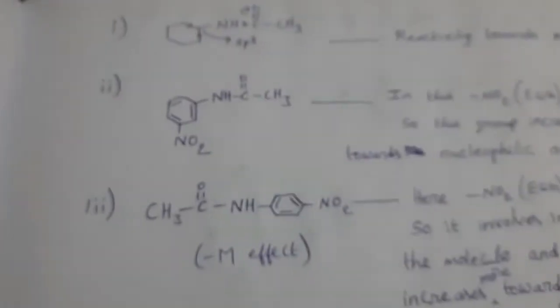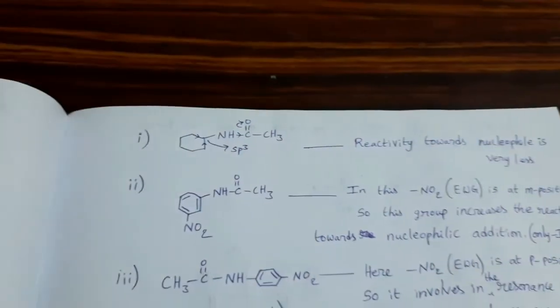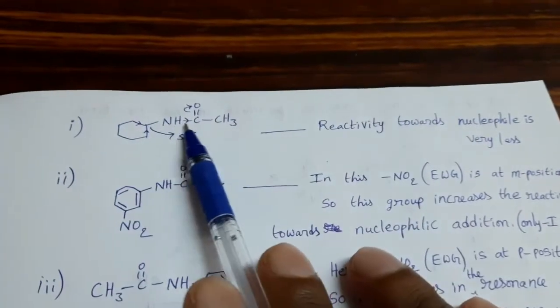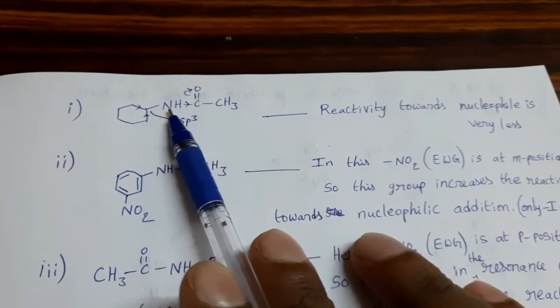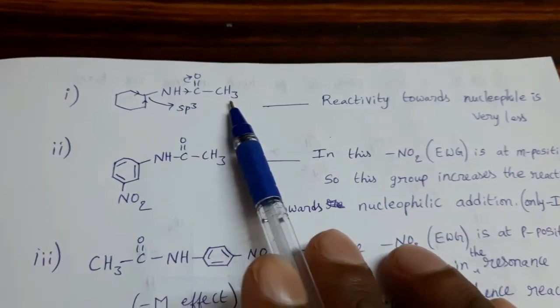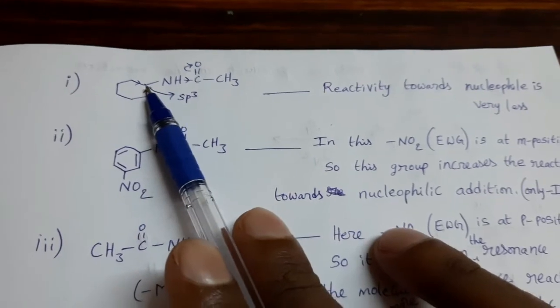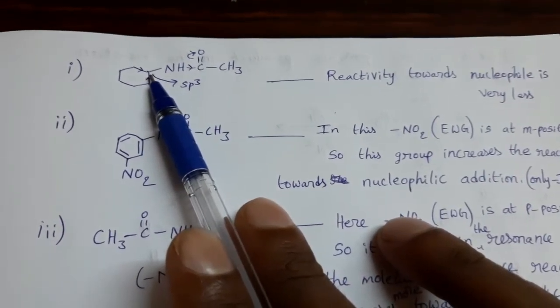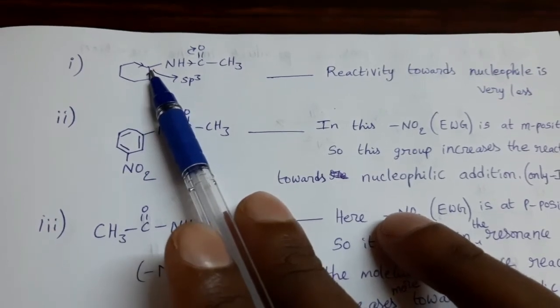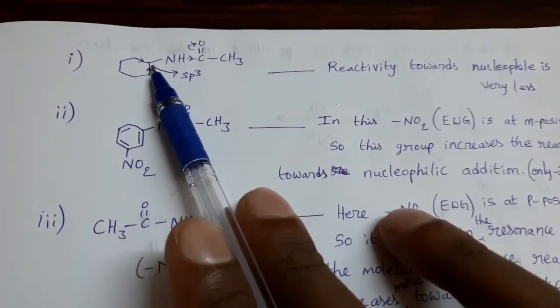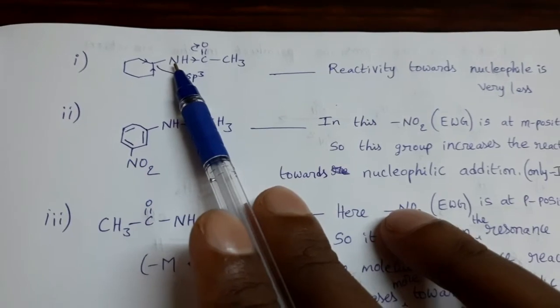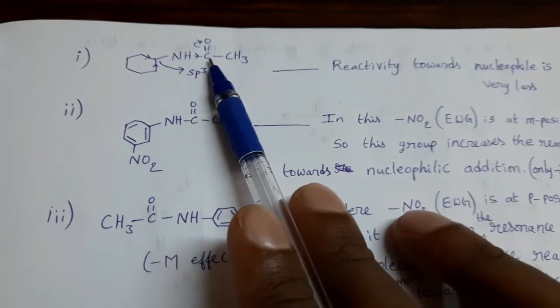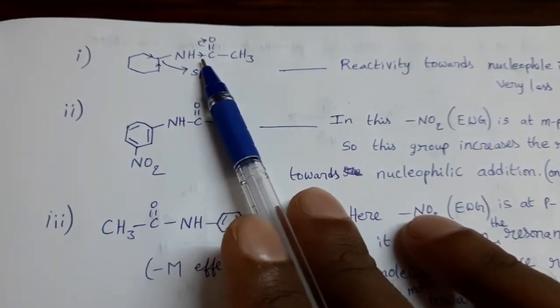Now see all the four compounds. First one, cyclohexane having NHCOCH3. In this, the nitrogen attached carbon is an sp3 hybridized carbon. This carbon atom can release the required electron density to this nitrogen. From this carbon, electron density is shifted.